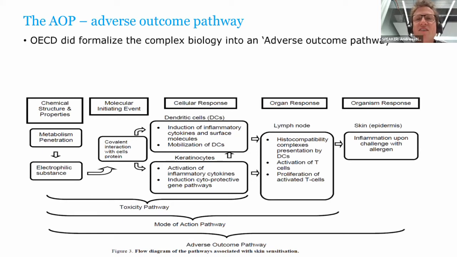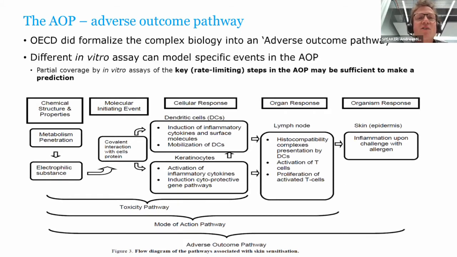And the idea is from this OECD adverse outcome pathway, where you have these key events, it could be enough if we have in vitro assays for some of the key, and namely the rate limiting steps in this adverse outcome pathway, and that could then be sufficient to make a prediction.